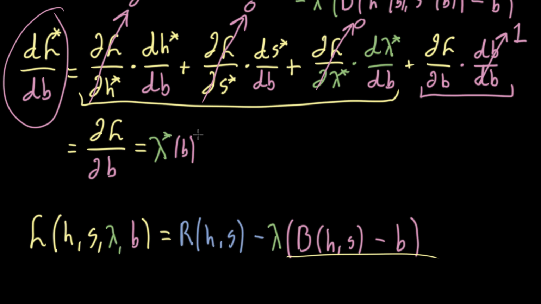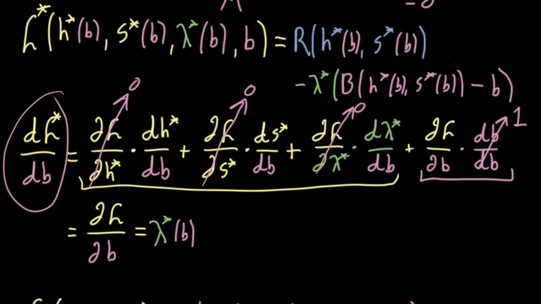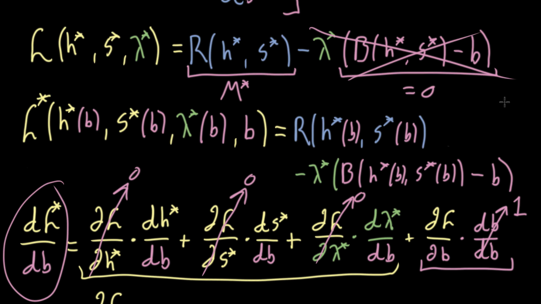So if that feels a little notationally confusing, I'm right there with you. But the important thing to remember is that we just started considering b as a variable, and we were looking at the h star, s star, and lambda star as they depended on that variable. We made the observation that the Lagrangian evaluated at that critical point equals the revenue evaluated at that critical point.